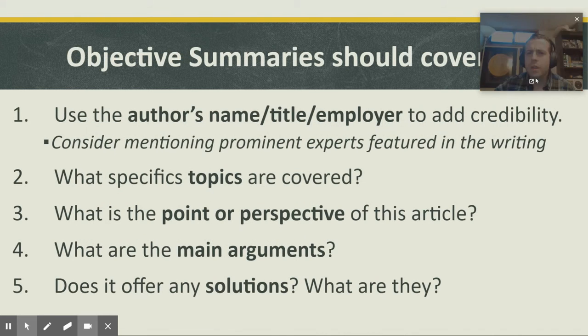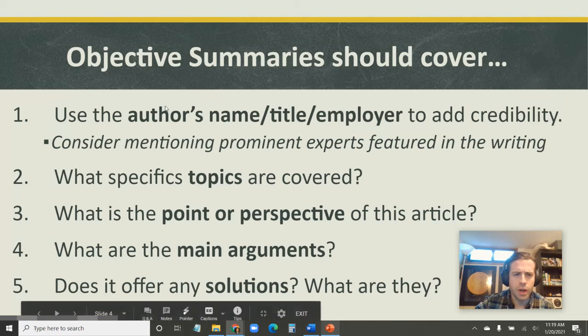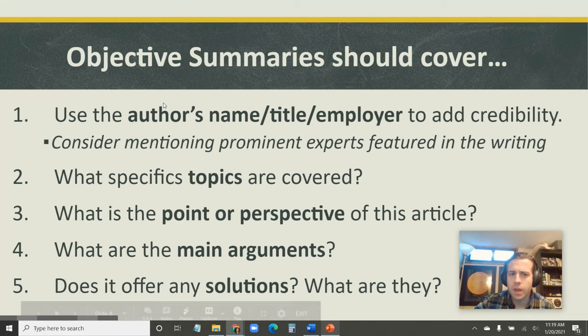So the main points that an objective summary should cover: number 1, use the author's name. Bring up the title, bring up their employer. Anything that will add to that idea of credibility in evaluating sources is going to be really, really helpful. Also consider mentioning any prominent experts that are featured in the article.